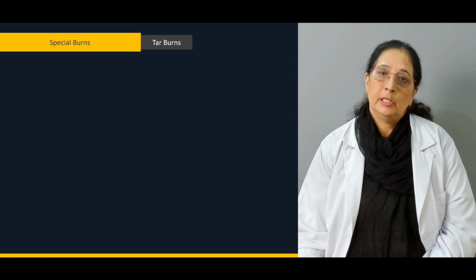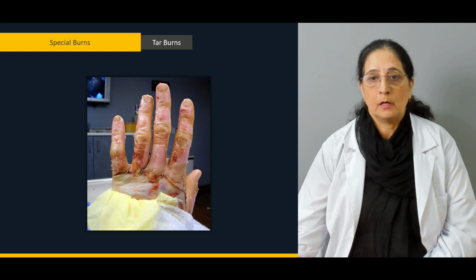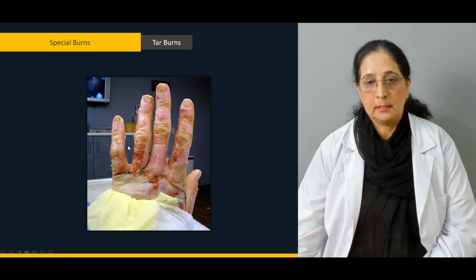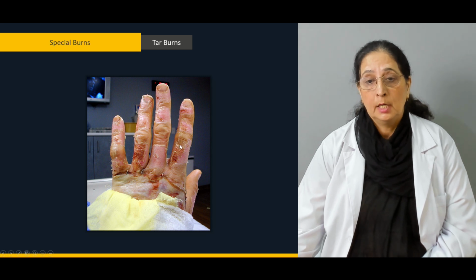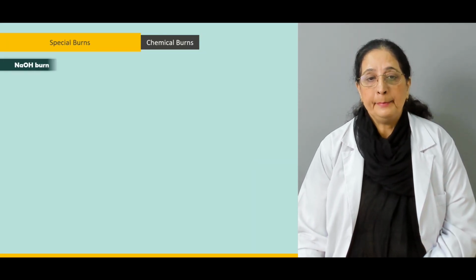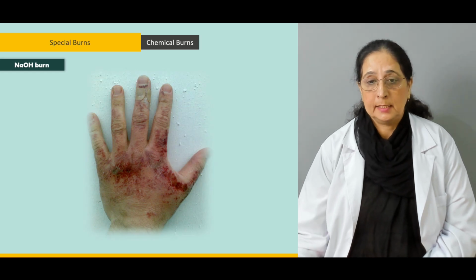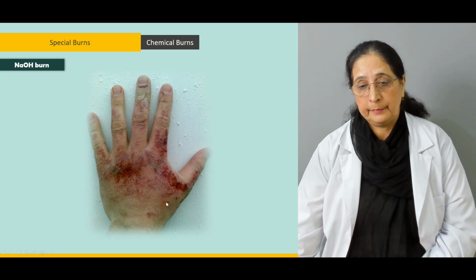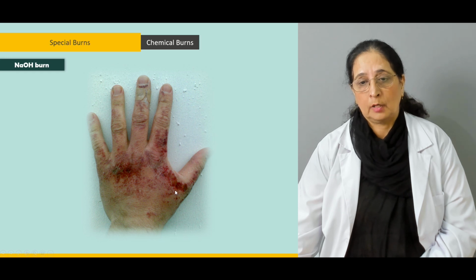Then some special burns. An example of special burns is the burn caused by tar. That's the tar burn. Tar is produced by burning coal. Then we have chemical burns. Sodium hydroxide, that's the appearance of the person with the chemical burn, and the chemical was sodium hydroxide.